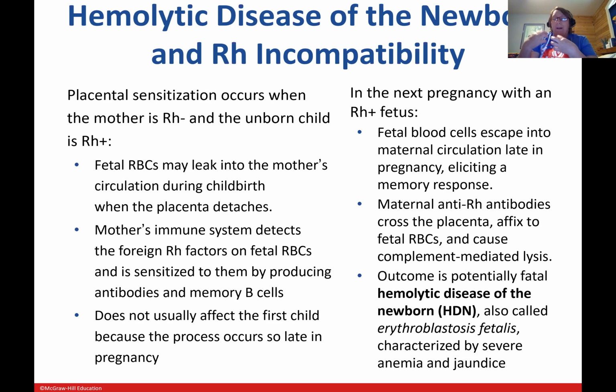And so the hemoglobin is processed down to bilirubin, which is what causes the jaundice. So that's the yellow coloring in the baby's eyes and so on. And of course, because the red blood cells have been killed, the baby is going to be suffering from anemia. And often babies don't survive that if it isn't properly treated.